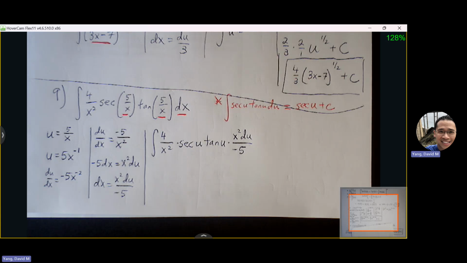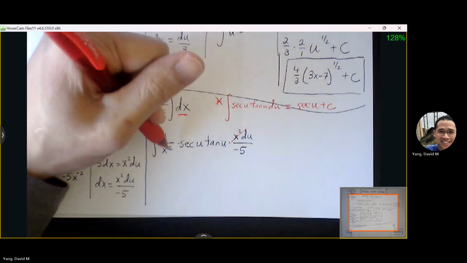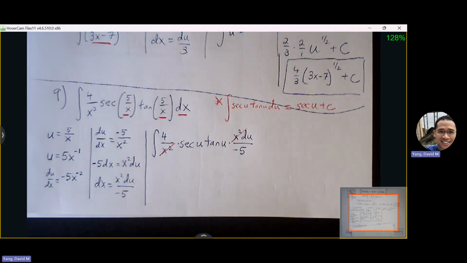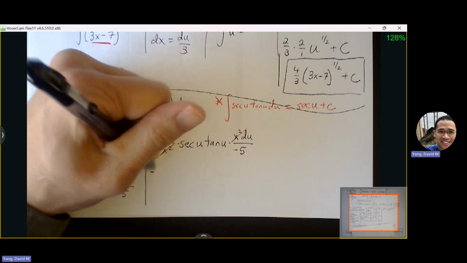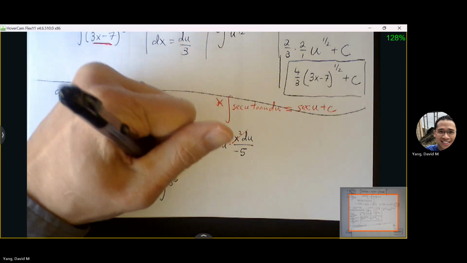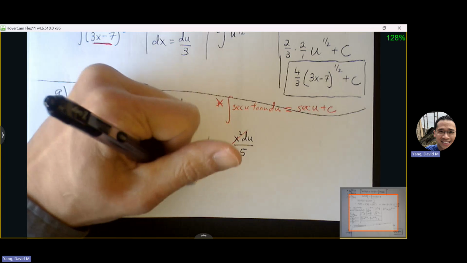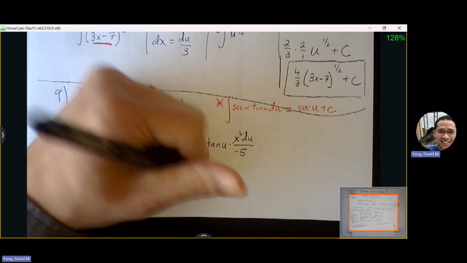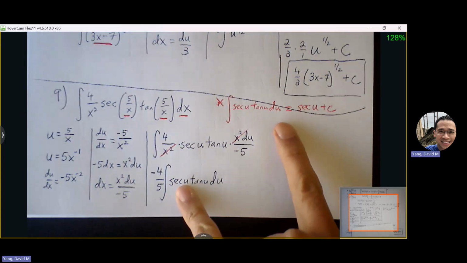I've got x squared in the numerator. I've got x squared in the denominator. That's good. But there are some numeric coefficients that we have to keep track of. So let me pull those out in front. Now I should have a perfect rule for me to play with here. Secant tangent.